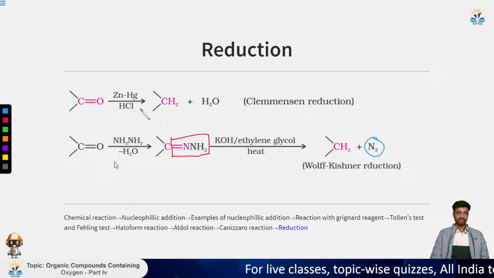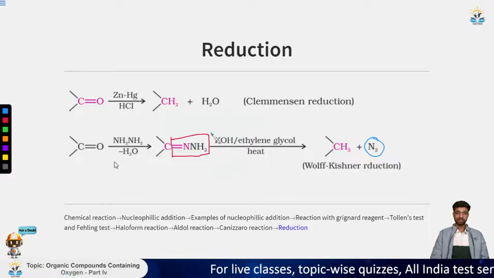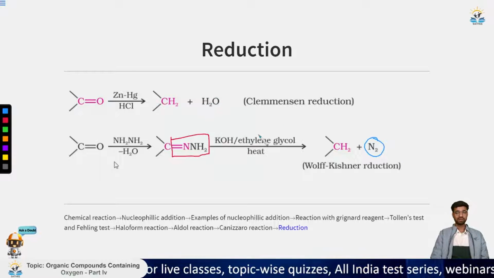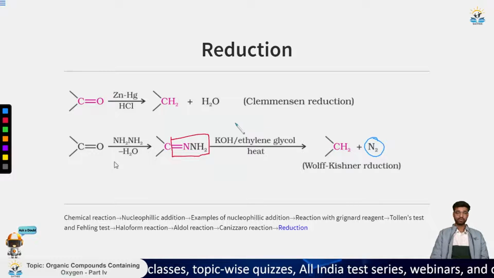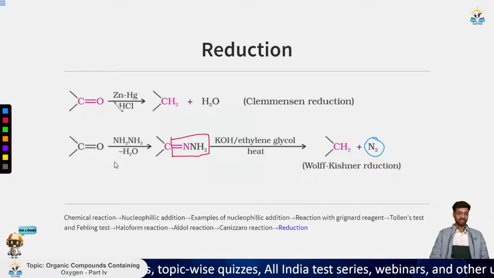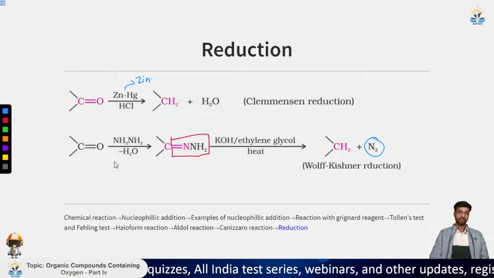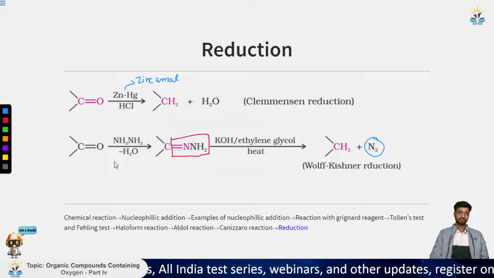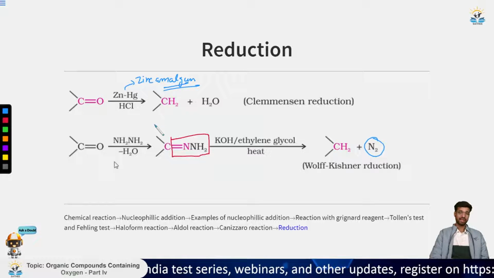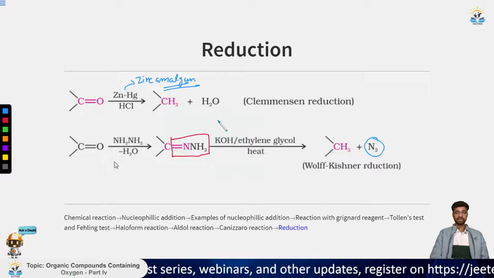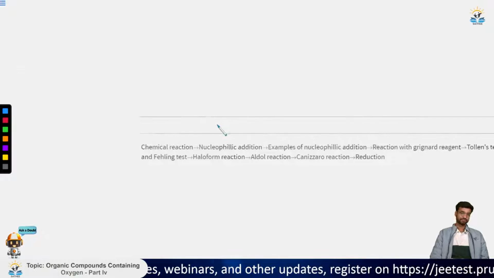Now we can have another reaction which will give the same product as the earlier reaction; only the side product will be different. Clemmensen will give water and Wolff-Kishner will give N2. But the reagent here is zinc amalgam and HCl. So we will get our final product like this.